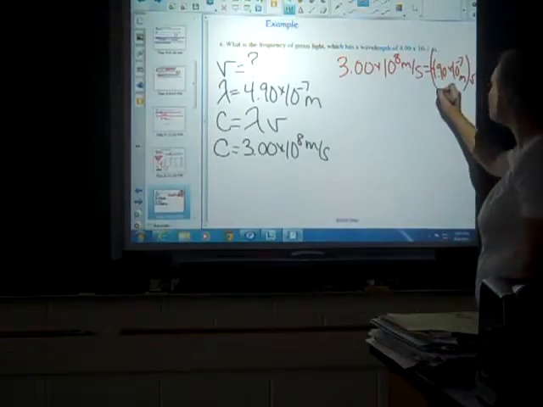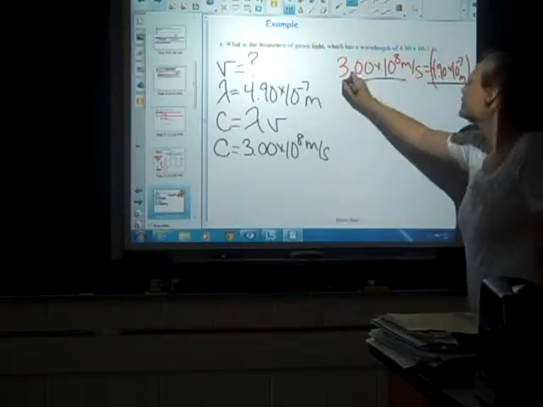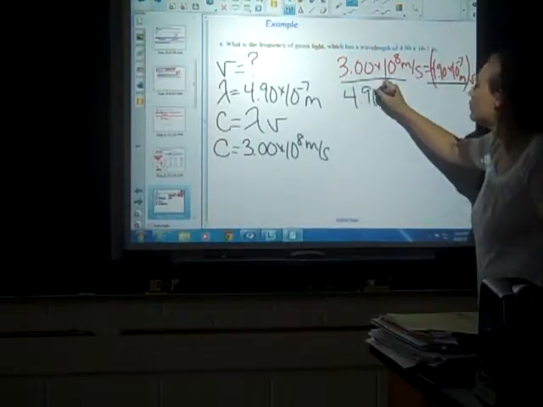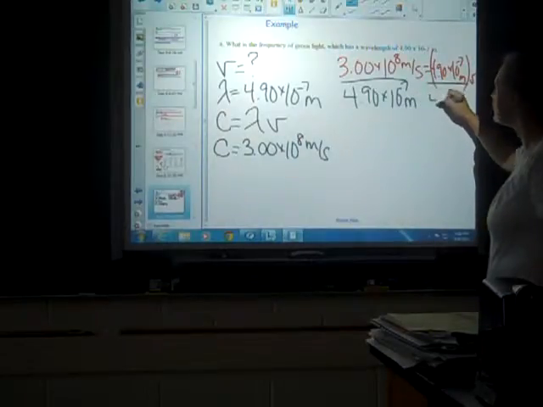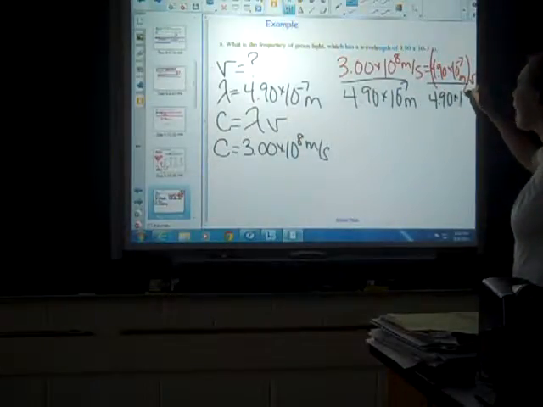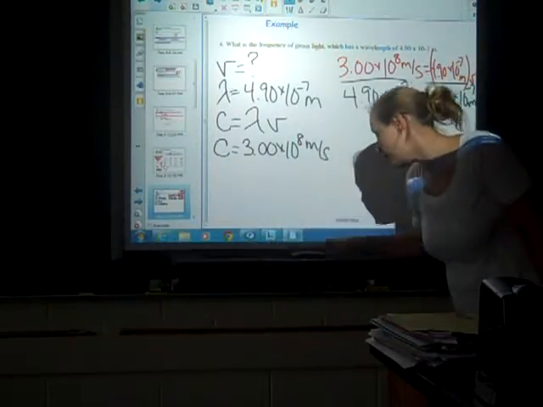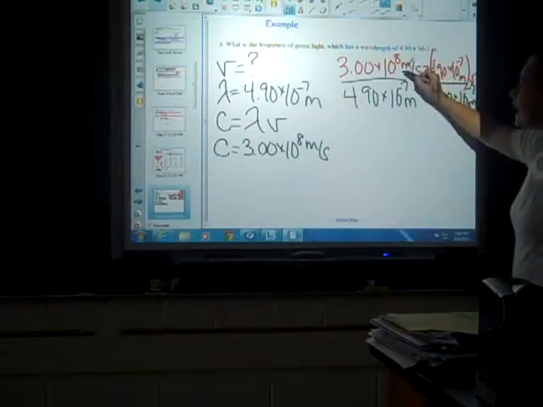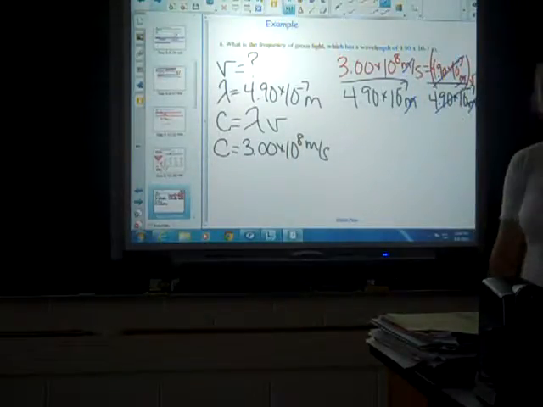Okay, that's my unknown. I'm going to isolate my unknown all by itself, so I'm going to divide both sides by 4.90 times 10 to the negative 7th. As I'm doing this, you will notice that I'm including my units and showing all of my work. It's really important that you include your units because now I can see that those meters are going to cancel out, okay?